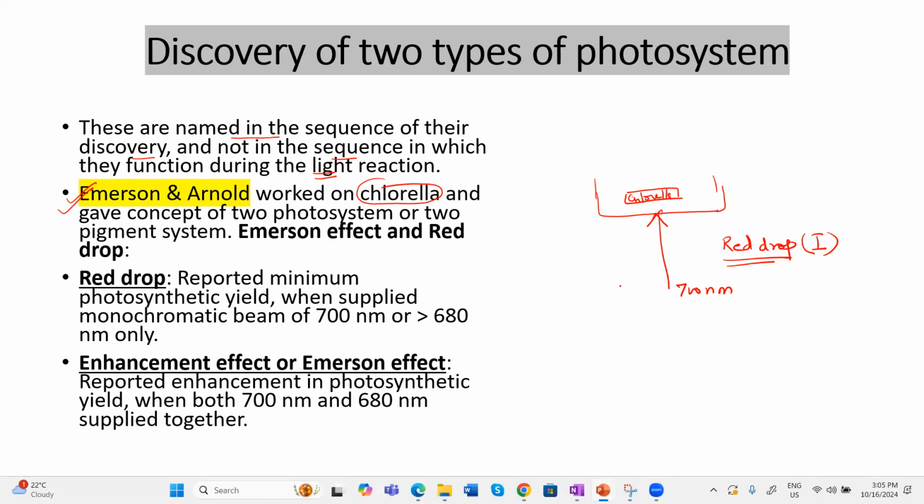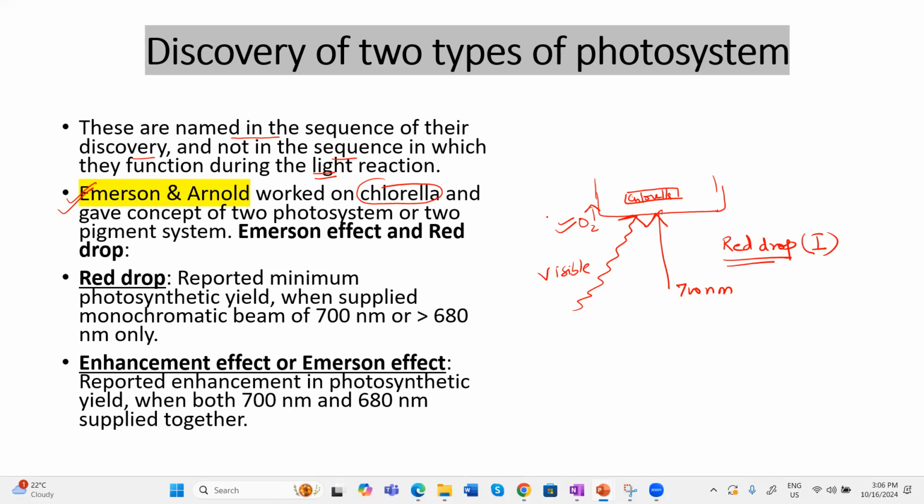Now suddenly another light came, visible light, with the torch light. Visible light means less than 700, the PAR region. Okay, beta. So what happened after the visible light fell? The oxygen bubbles increased. This means there are two types of reaction center.